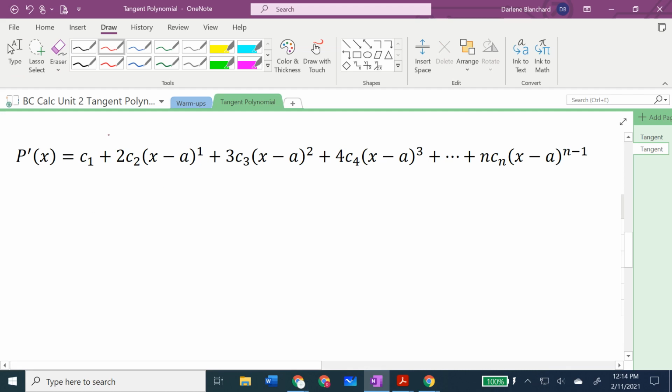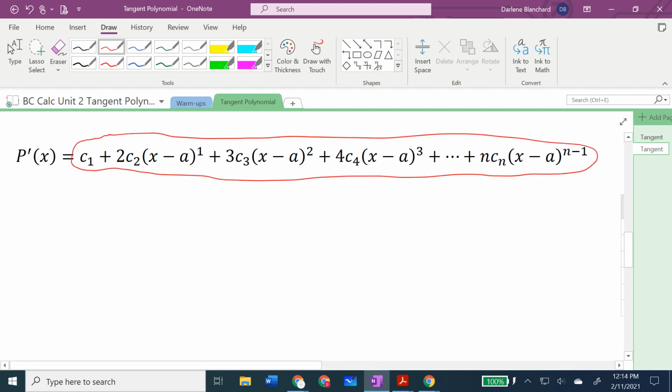And again, I'm going to point out the conveyor belt issue. As I take the derivative, the constant term falls off the edge. And then I have 1 times 2 c sub 2, and then that exponent goes down to 0, so it's just times 1.